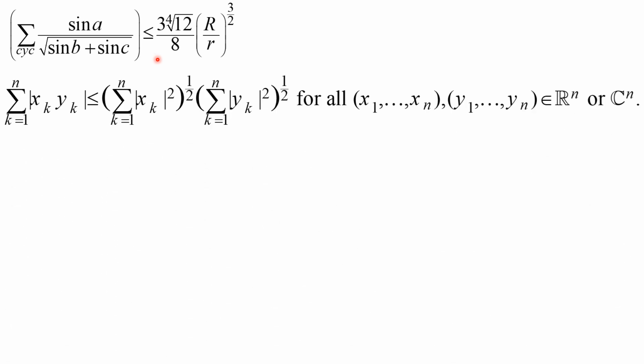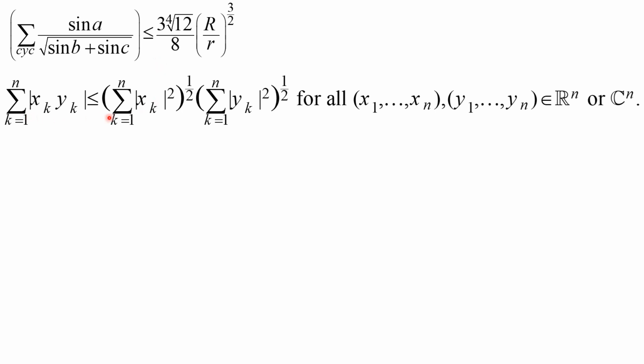I will start with a very famous inequality called the Cauchy-Schwarz inequality. This is very famous, and it is a special case of Holder's inequality. Holder is generalized, and when you put n equal to 2, it converts into Cauchy-Schwarz.